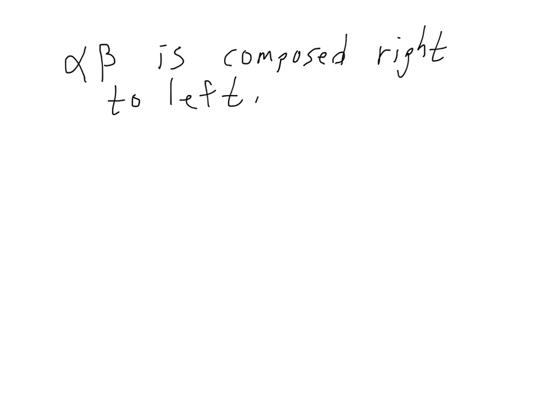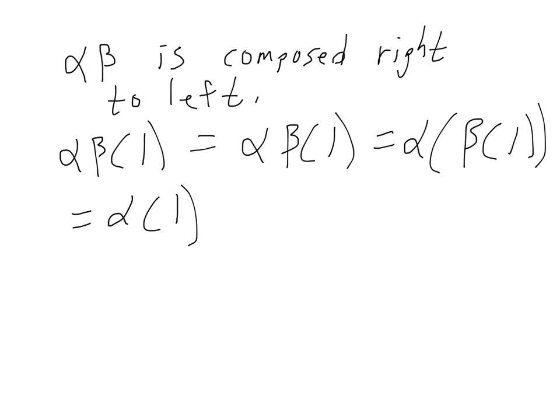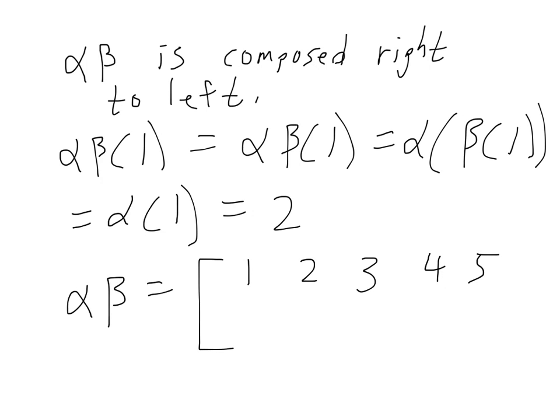So if I want to know where this permutation were to take 1, well, first I would do beta of 1, and then I would feed that to alpha. So looking back, it looks like beta of 1 was 1, and that alpha of 1 was 2. So in my permutation alpha beta, I would have 1 being mapped to 2.